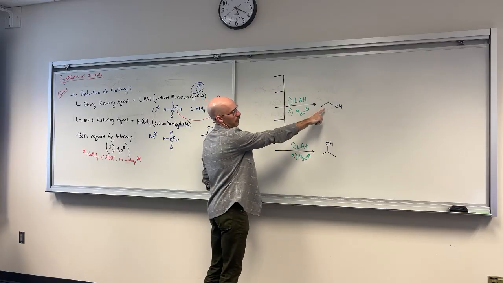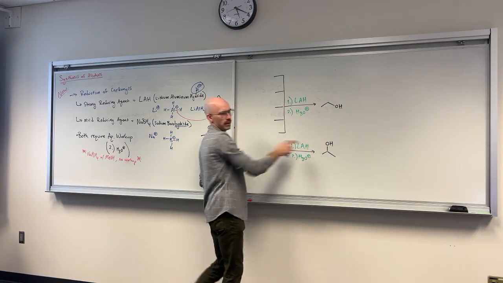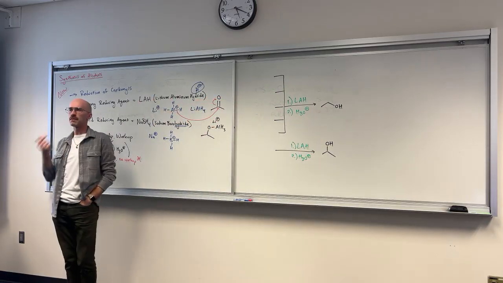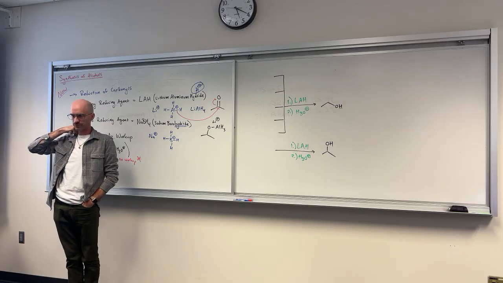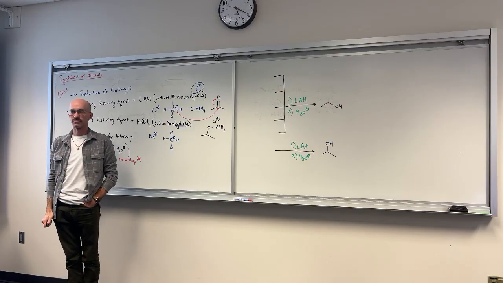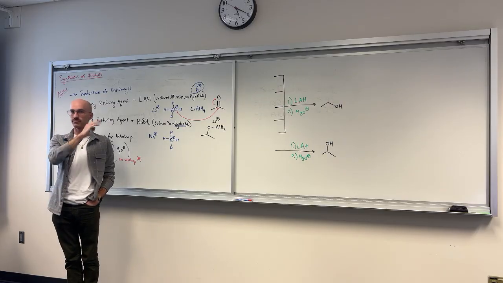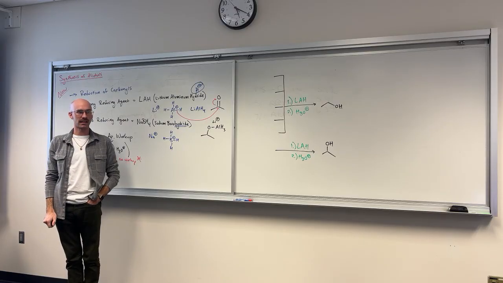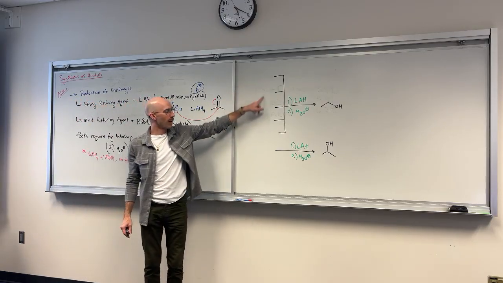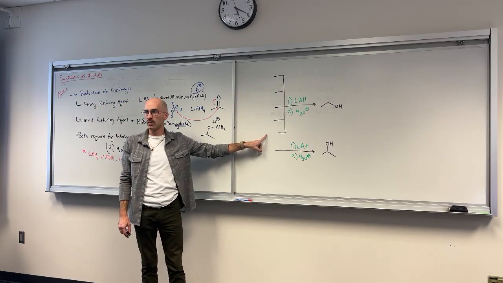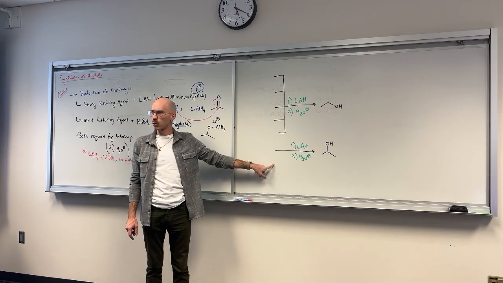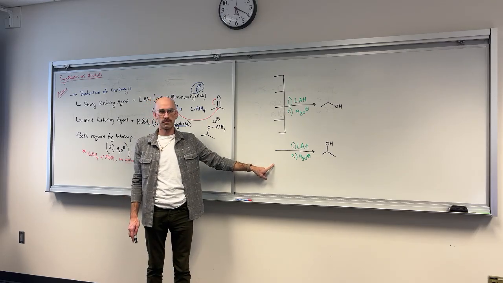Sorry, one more time. Can you spot the difference between these two alcohols? Or could you name the difference between these two? Good. One is primary, one is secondary. There are a lot of ways to get to a primary alcohol, but there are fewer ways to get to a secondary alcohol.